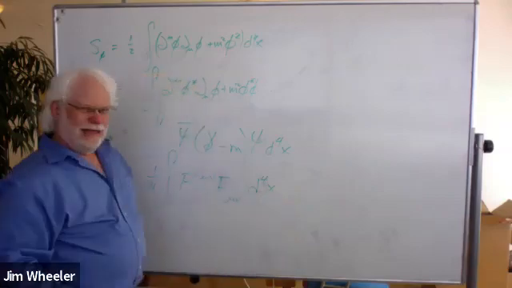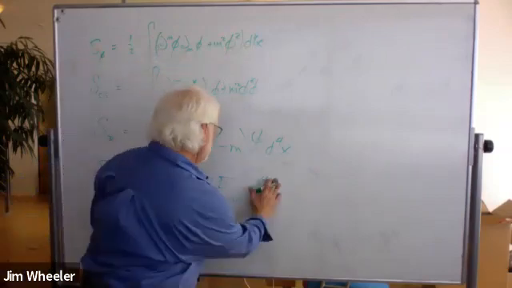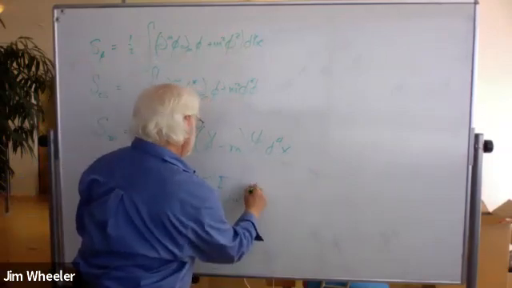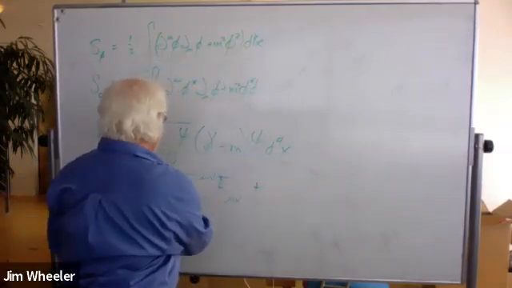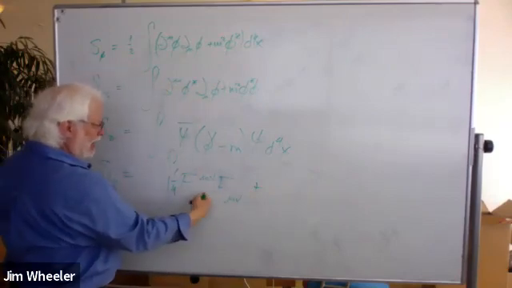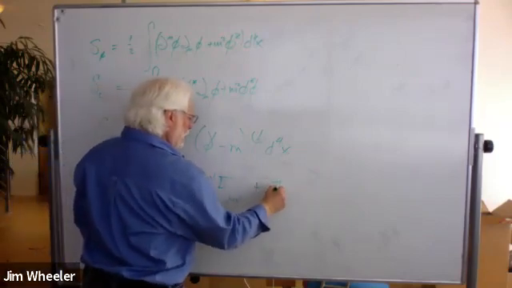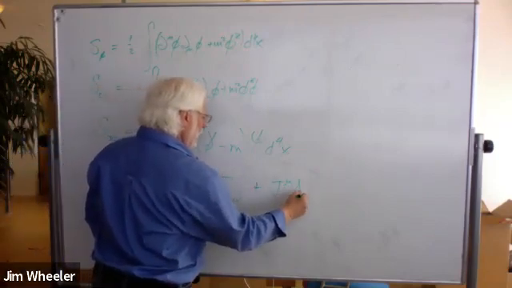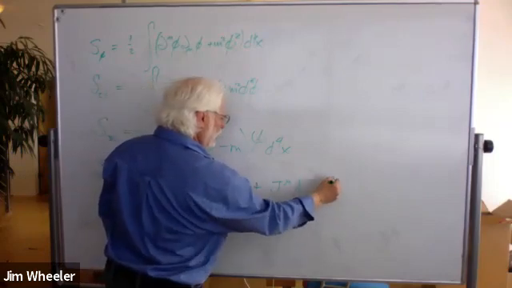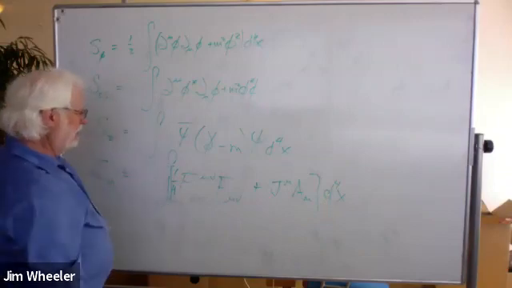Then it's interesting to couple that to sources. If you couple that to sources, you're going to have a quarter of this, because varying A in this gives a factor of 4. But then you also have a J mu A mu, which at first sight seems horribly non-gauge invariant.